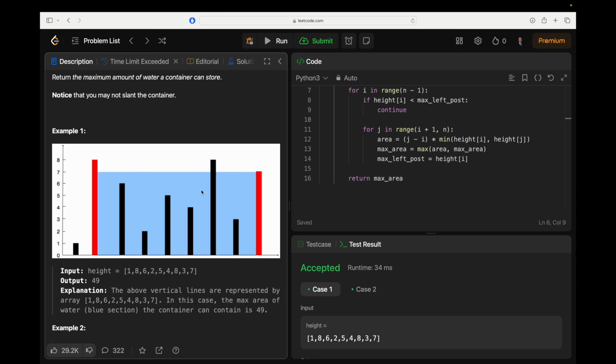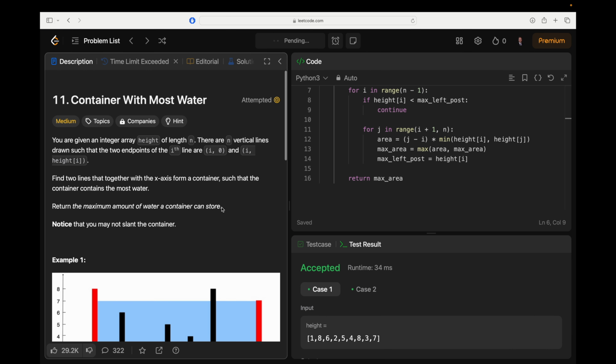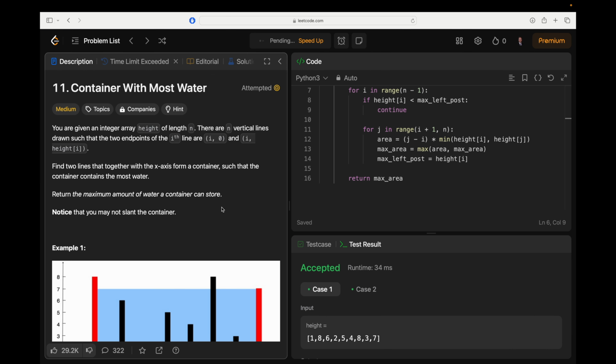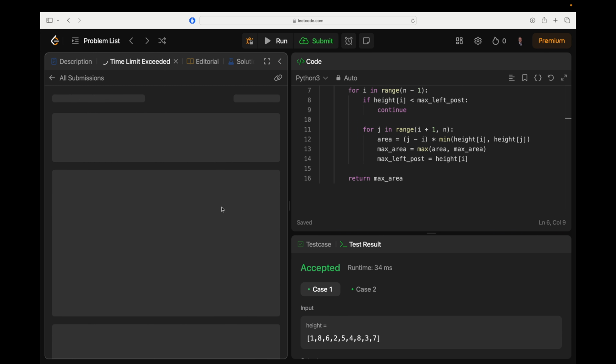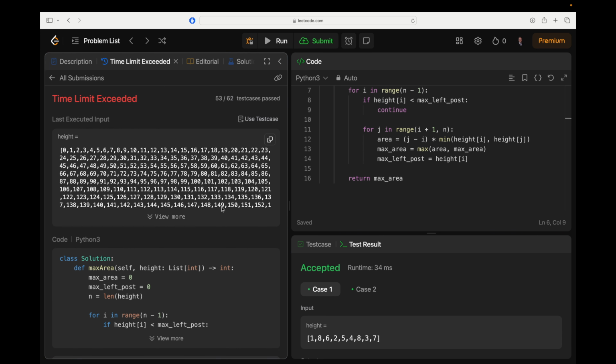Could I do something the same for the right post? I don't know, but let's see how that does. Time limit exceeded. Okay, but I got one more test case. So I was right, sort of.